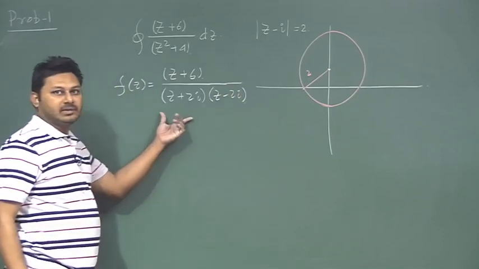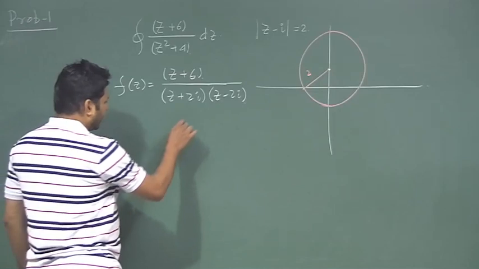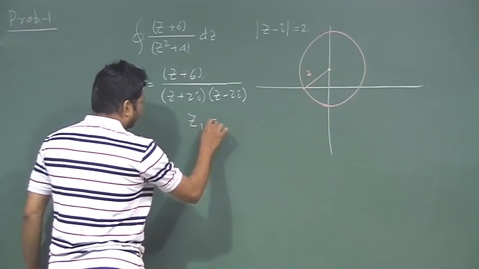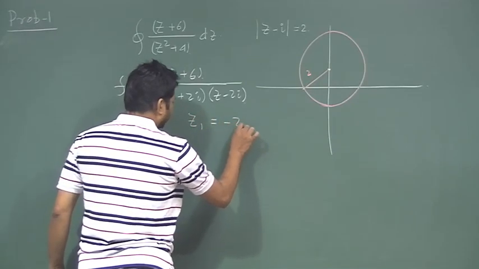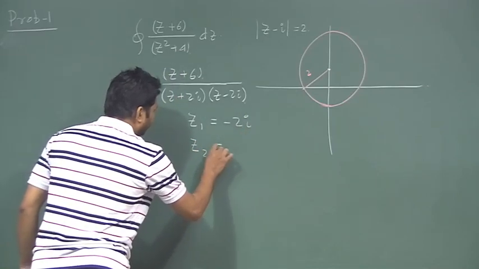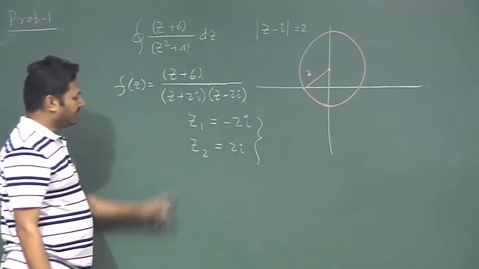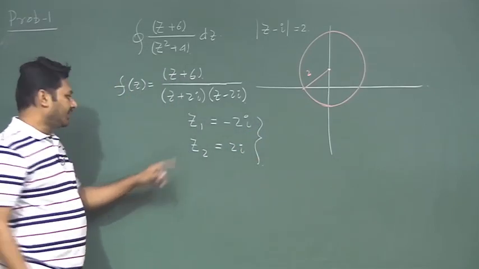I simplify this. So there are essentially two singularities: z1 is one singularity, which is at minus 2i, and z2 is another singularity, which is at 2i. These two are the singular points.